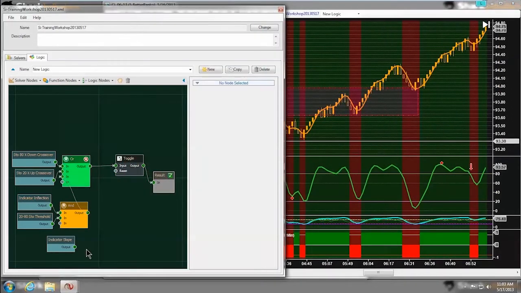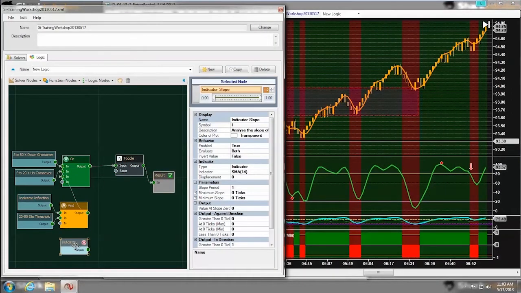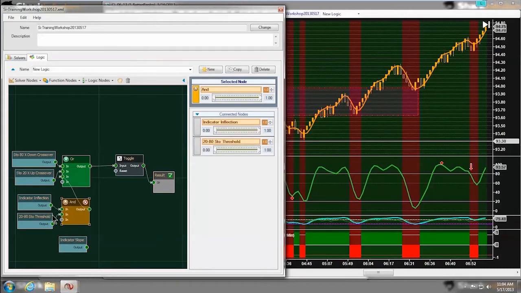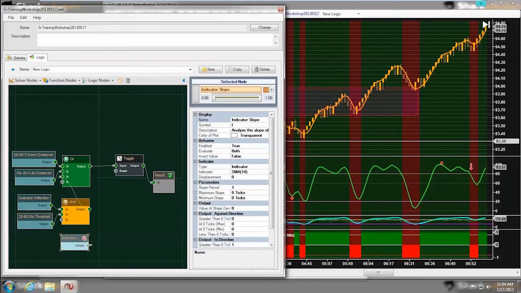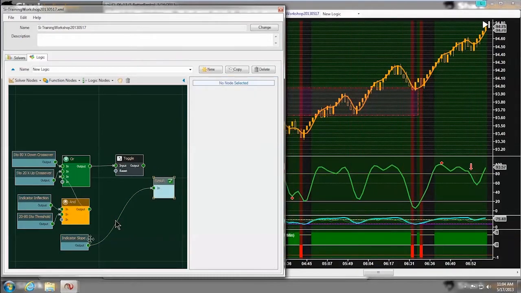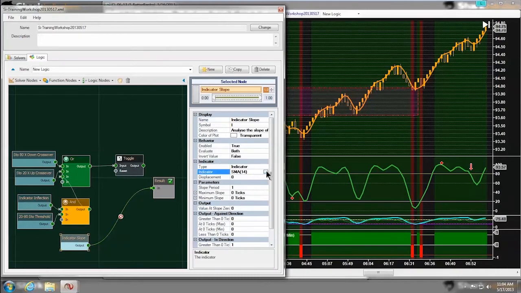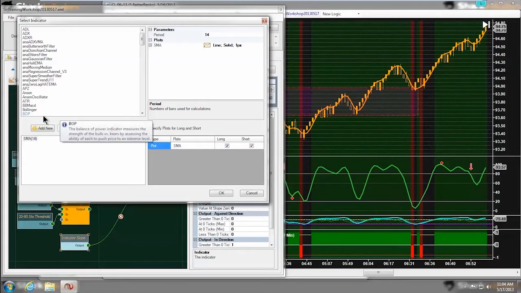All right, so next let's work on using the slope solver here in combination with our threshold solver. So let me connect this guy up, and switch this over to the stochastic.